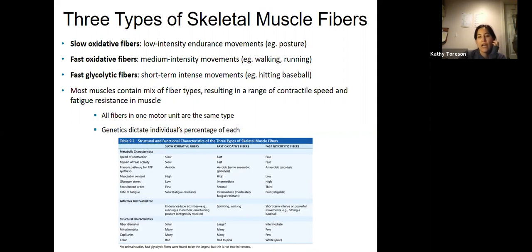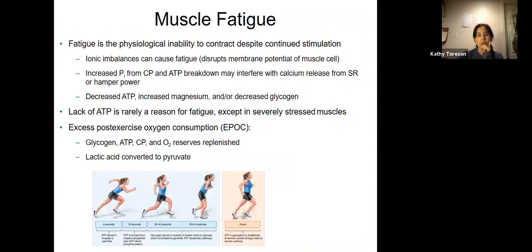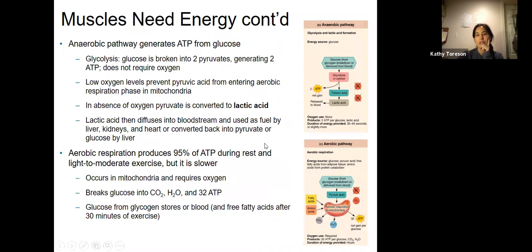Or does it utilize anaerobic processes, so glycolysis? Again, that was something we described back on these slides, anaerobic versus aerobic pathways to generate ATP.